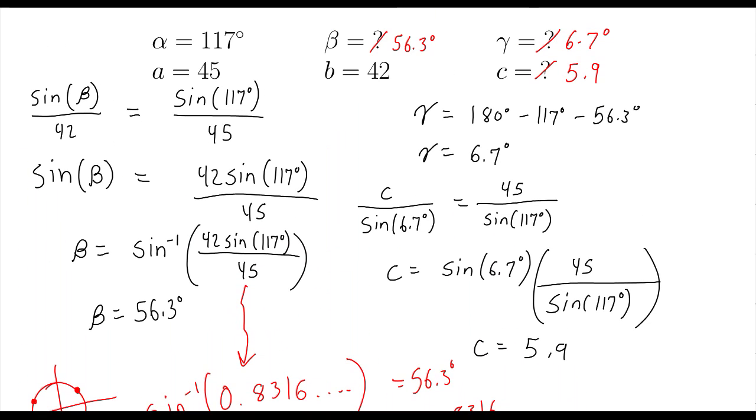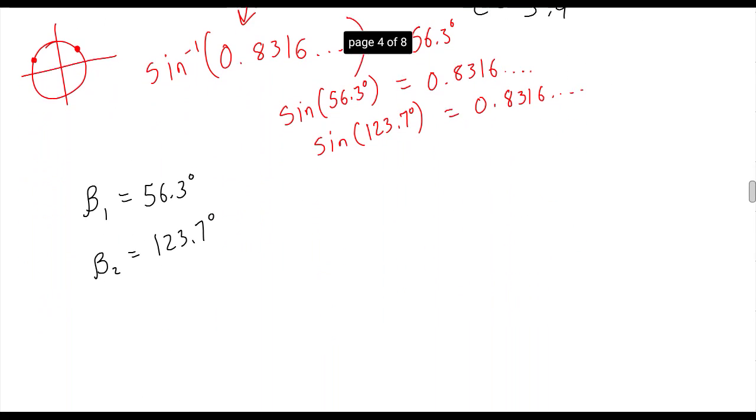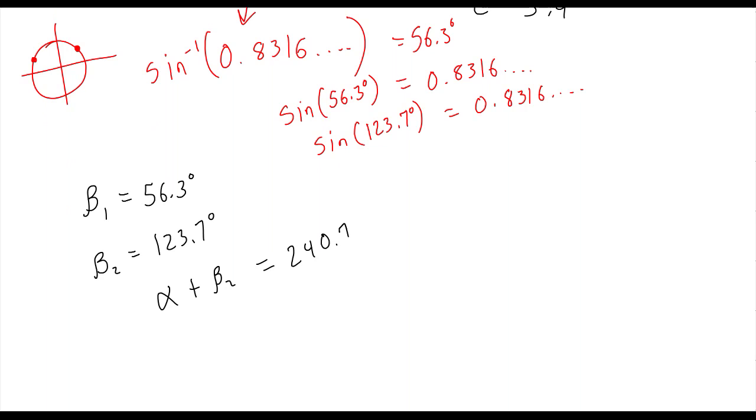Alpha was 117 degrees, beta 56.3 degrees, gamma 6.7 degrees. Those three add up to 180 degrees, everything's normal. But what happens if I add alpha plus this other beta? Well, 117 degrees plus 123.7 degrees comes out to 240.7 degrees. This cannot be a triangle.